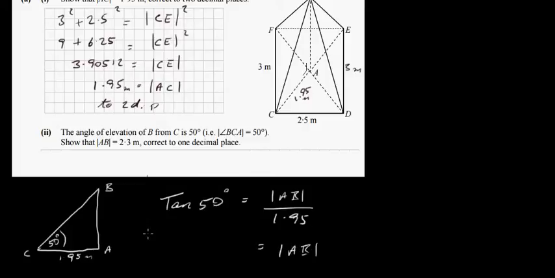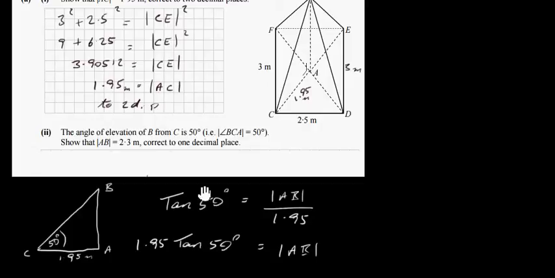We want to find this distance here, and we're told that this angle here is 50 degrees. Okay, so what we're going to use here is tan of 50 degrees. So tan of 50 degrees is equal to the distance AB divided by 1.95. So that just gives us the distance AB is going to be 1.95 times the tan of 50 degrees.